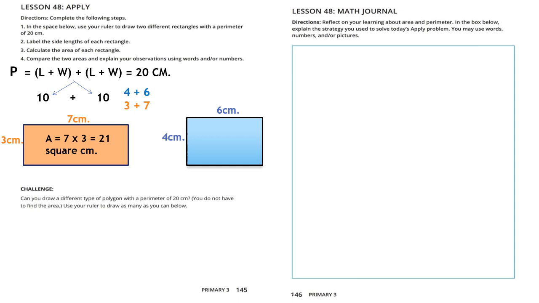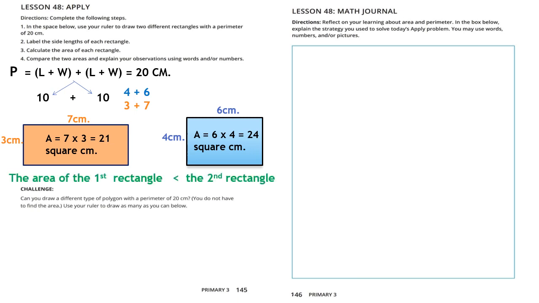It will be length times width also. So 6 times 4 or 4 times 6 equals 24 square centimeters. Here we have two different areas. The first area is 21 and the second area is 24. So the area of the first rectangle is smaller than the second rectangle.